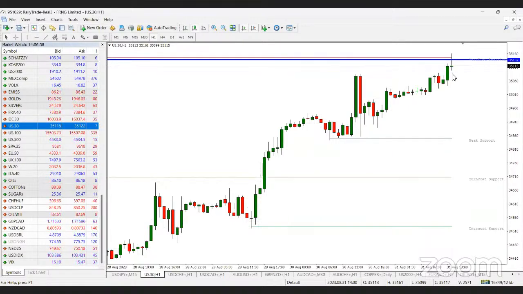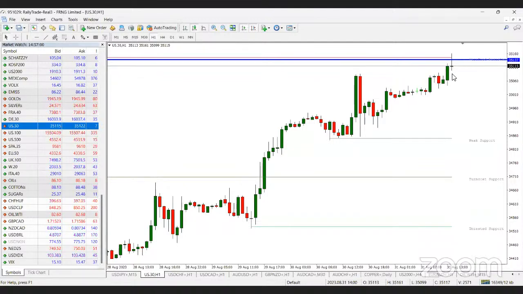So when you see something like this at a resistance, it gives you information that there's a very high chance that price is about to fall from that resistance. Sometimes you can see a hammer on a support.